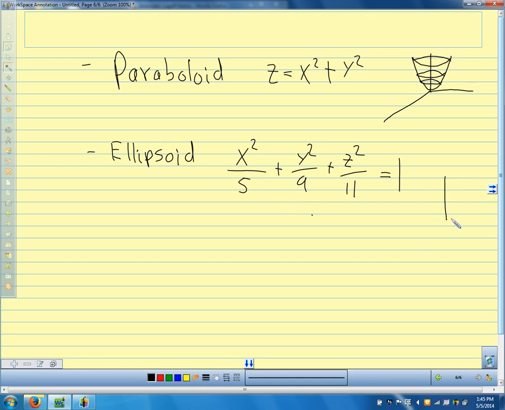So an ellipsoid, if I graph just the top half of it, let's see, our y-axis, so we ended up with a shape that looked something like this. YZ is going to be bigger.